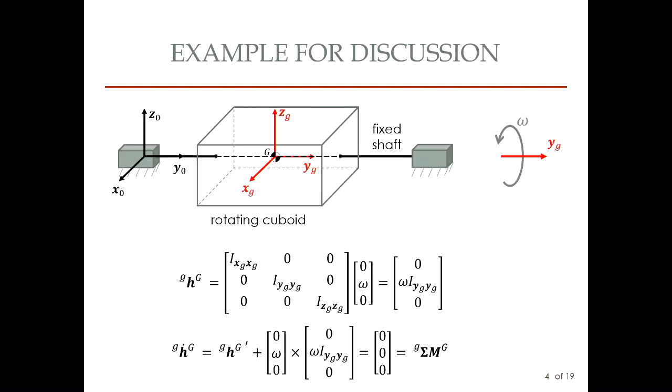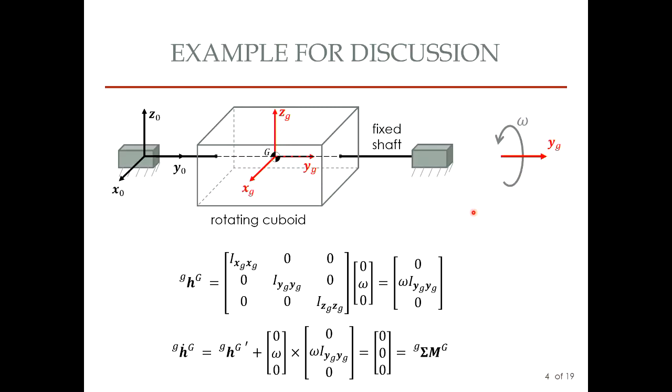This is important. It means that I don't need to apply any moment to have this cuboid rotating with a constant angular rate of change about this shaft. So once it started rotating, it can keep going with the same omega, nothing special.